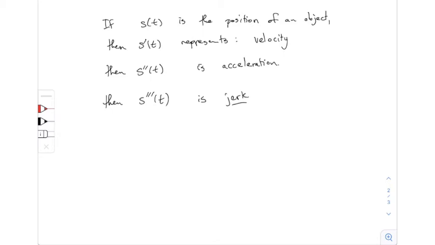So these are uses of the higher derivatives. The higher derivatives also come about in finance. Like if you think about it, people care in finance about interest rates, or inflation. That's what I meant to say.